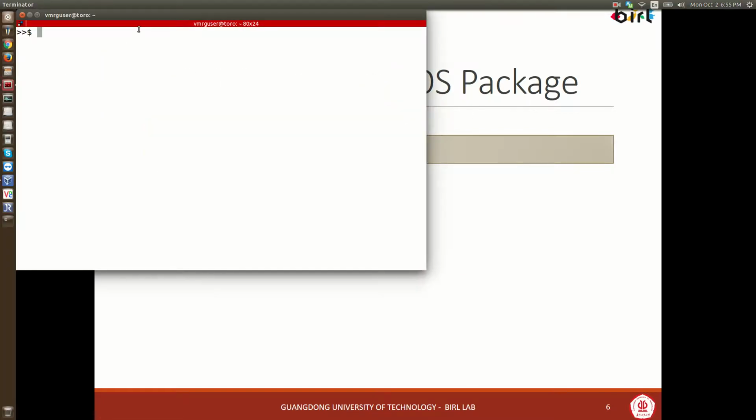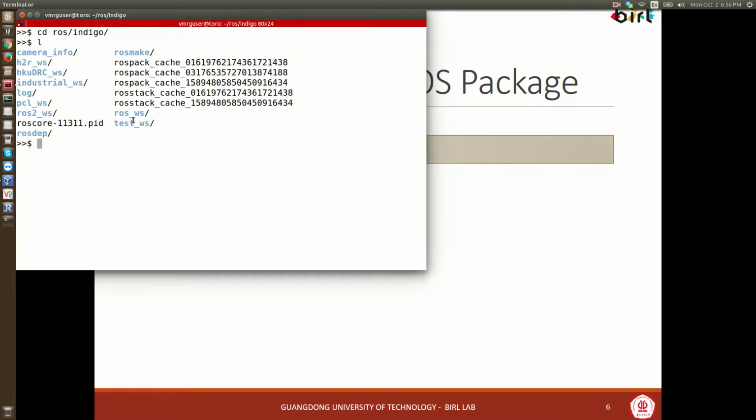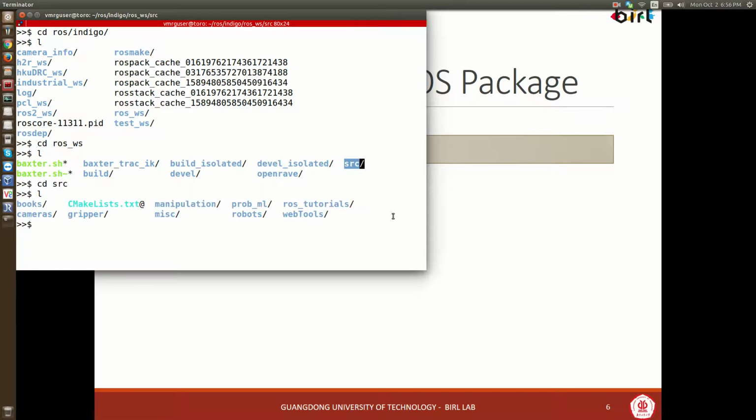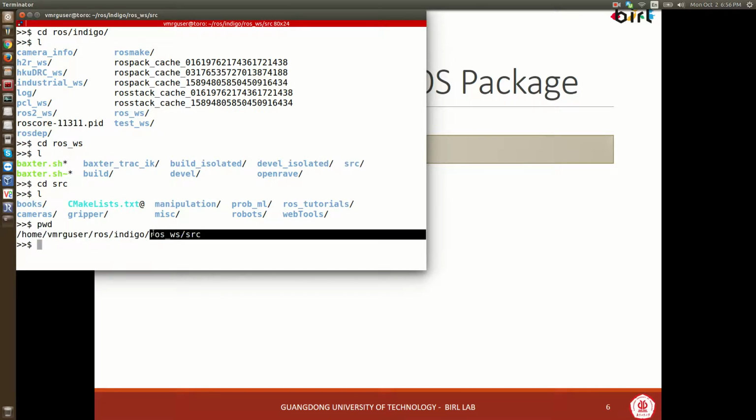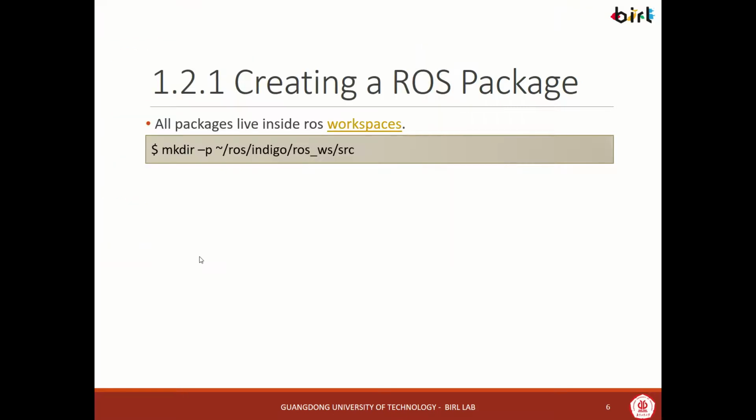And by following my instructions from last lecture, you should have this path created, ROS Indigo. And here we would have a workspace called ROS Workspace, right? And finally, we should have a folder called Source. Okay? And it's inside Source where we want to create all of our packages.